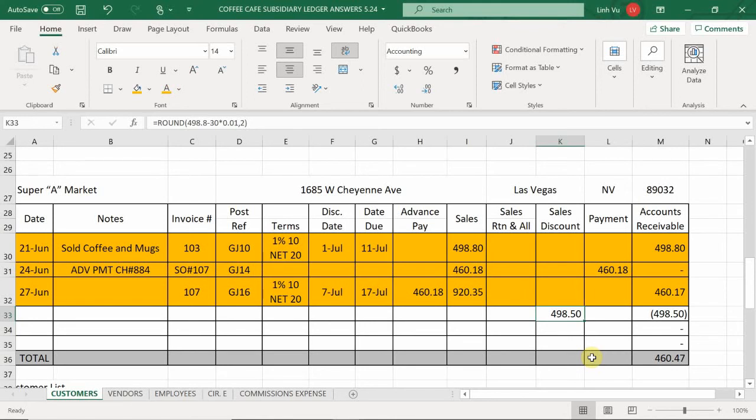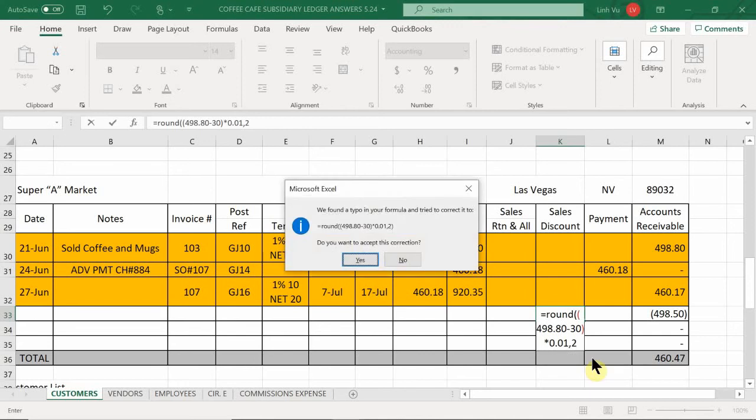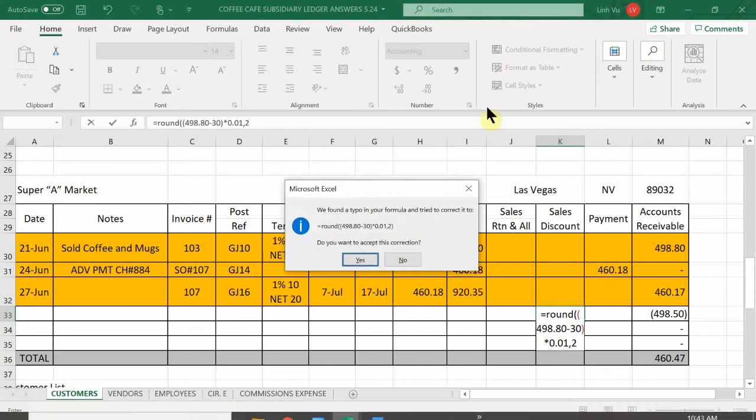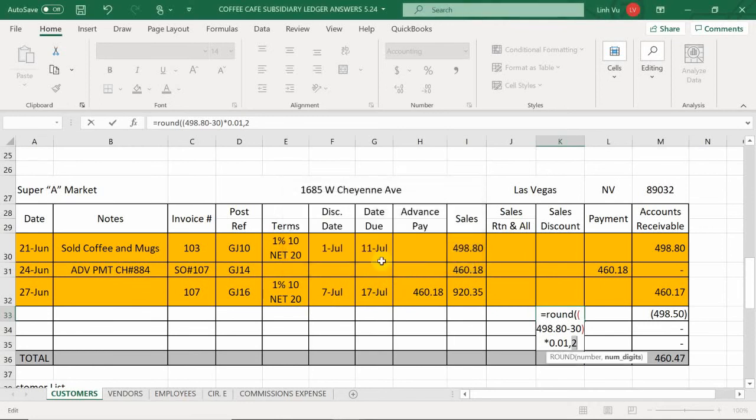So in this case, you do have to be careful. You might have to add an extra set of parentheses around 498.80 minus 30, then multiply by 0.01, comma 2, and that will give you an error message there too. So you have to do your actual calculations first, because this won't allow you to do that.